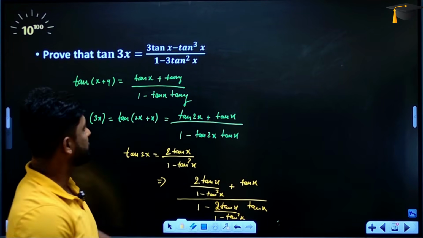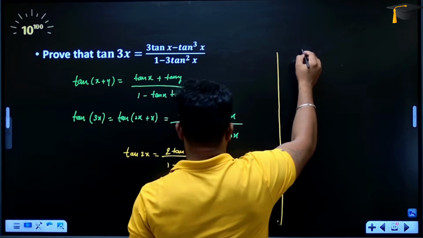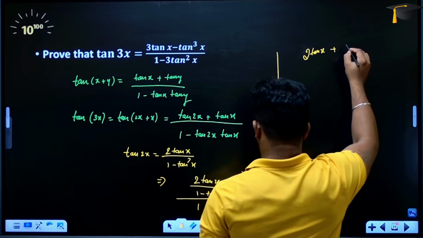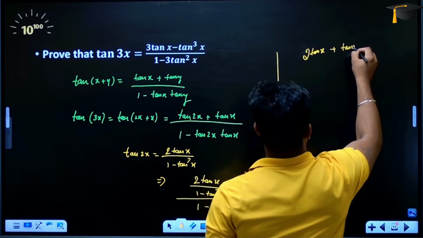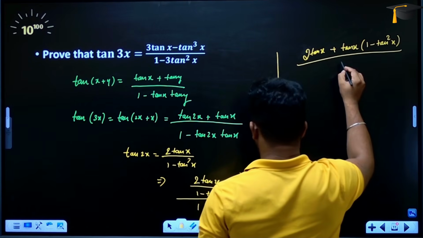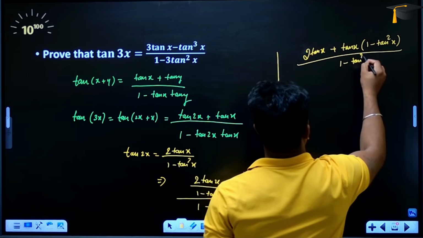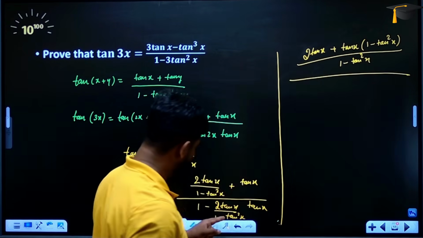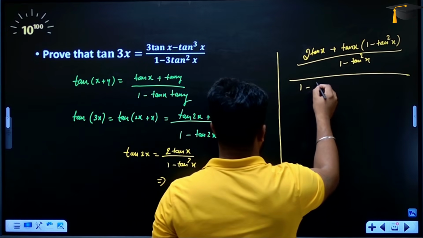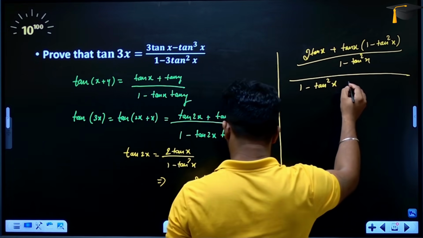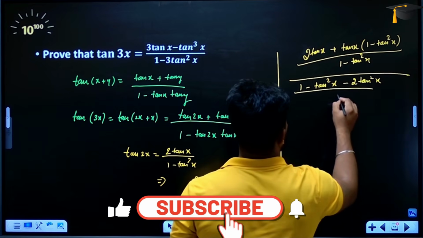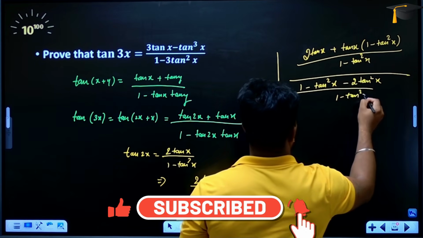Okay, it is substituted everywhere. If we solve this, 2 tan x plus tan x into 1 minus tan square x divided by 1 minus tan square x, whole divided by, here 2 tan square x will come. This will come here. So this becomes 1 minus tan square x minus 2 tan square x, whole divided by 1 minus tan square x, children.